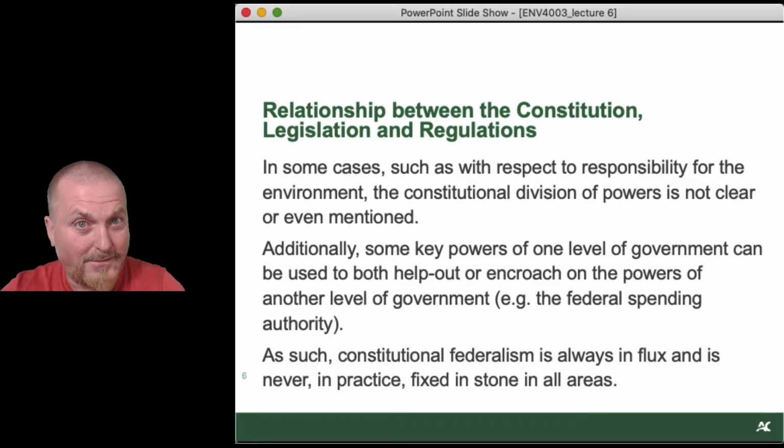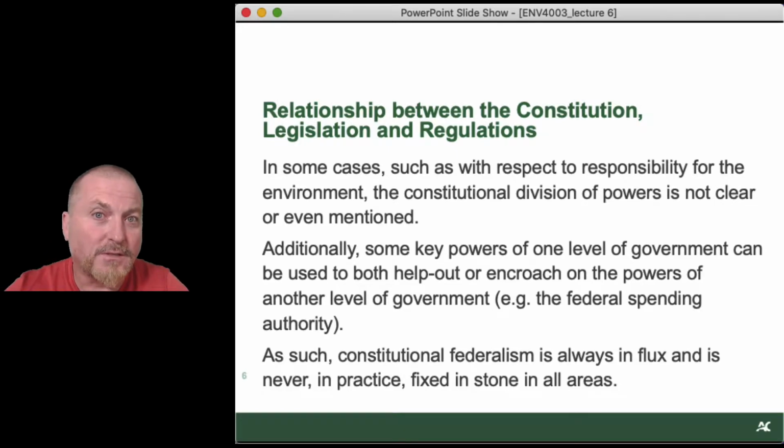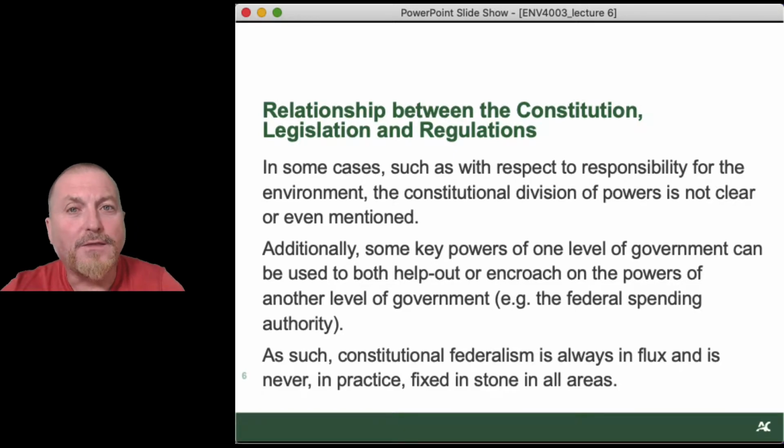It is not mentioned in the Canadian Constitution, right? So governments get at the environmental issue from other powers, indirect powers, like the federal spending power, the federal power for international relations and transboundary issues, right? The provinces get at it from the perspective of natural resources, industry and commerce, these kinds of things.